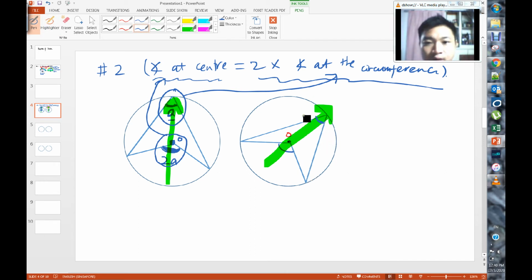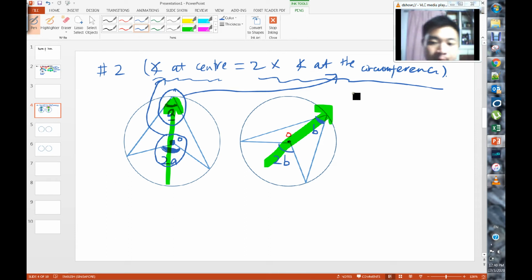Given this angle at the center, which is 2 times the angle at the circumference, similarly, if this angle at the circumference is b, then your angle at the center should be 2b, because the angle at the center is always 2 times the angle at the circumference. Make sense?